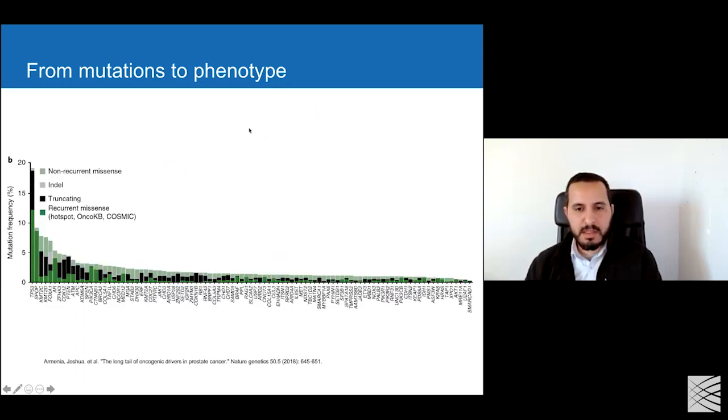This is a representative study from our own lab, published in Nature Genetics in 2018. When we collected a lot of prostate cancer patients and tried to see what genes are highly mutated there, we found that there are a lot of mutated genes. With the exception of TP53, which is highly mutated in a lot of patients, most of these genes are mutated in only 1, 2, or 3% of the population.